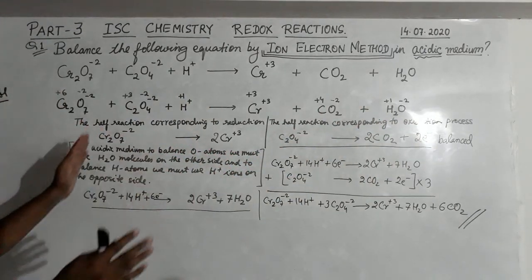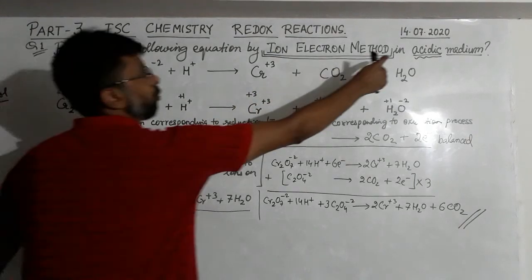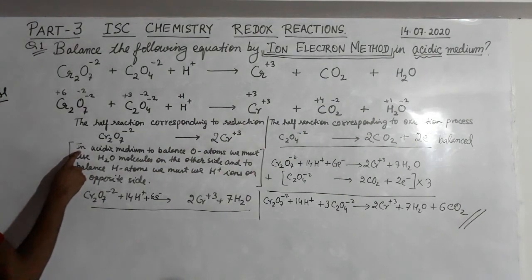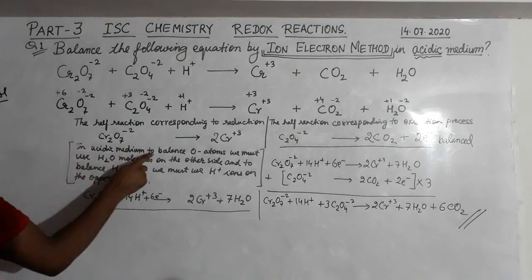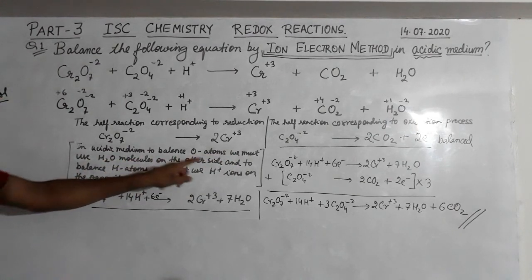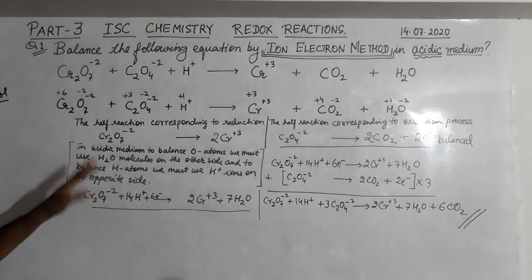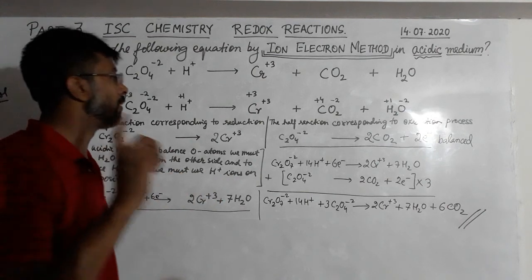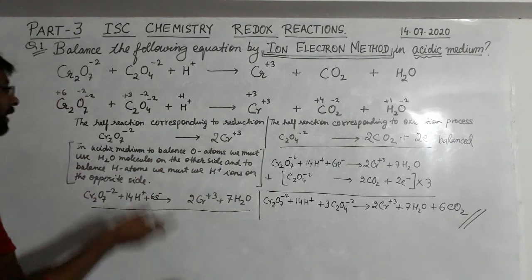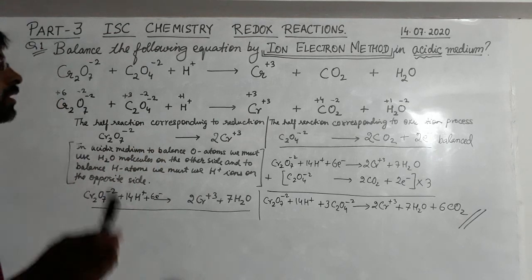After separating them into reduction and oxidation process, now go back to the question, read carefully. It is an acidic medium, so you must note this sentence very carefully. In acidic medium, to balance oxygen atom, we must use water molecules on the other side, and to balance hydrogen atom, we must use H plus ions on the opposite side. But in basic medium, remember, to balance oxygen, we use hydroxyl ion. To balance hydrogen, we use water molecule. That is slightly different. That I will do in the next example.